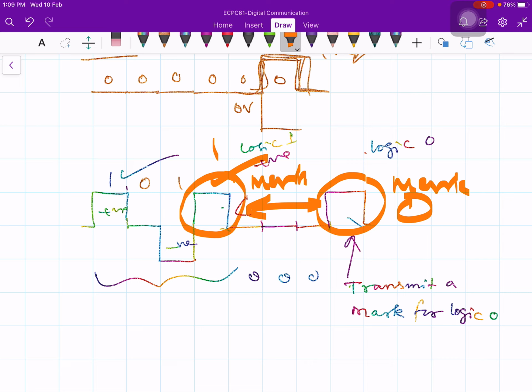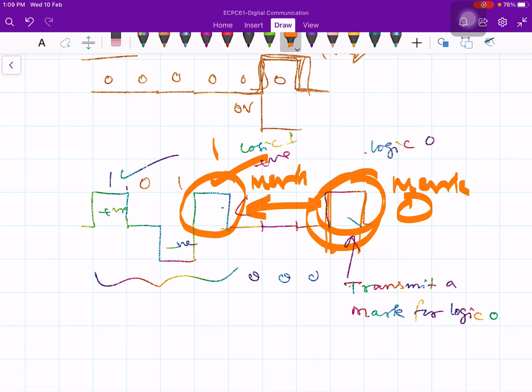So as long as you keep getting marks of the same polarity, that means they are all zeros, and basically what we are getting is additional zero crossings, additional bit transitions to take care of your synchronization problem. So why are we doing these things? To take care of the synchronization problem, because for synchronization we need to know where we get pulses, somehow it has to cross the 0 point.